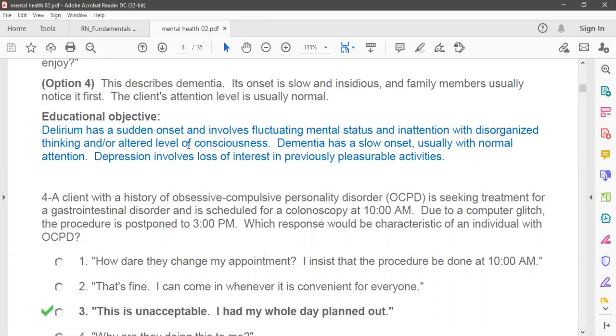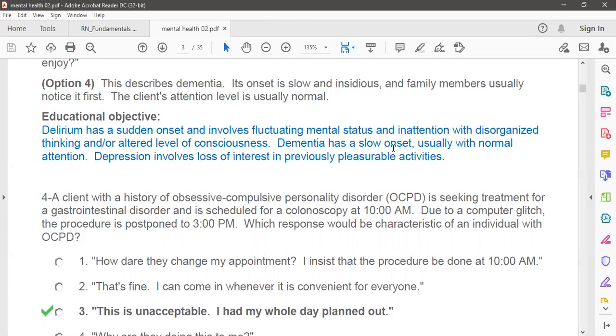The level of consciousness will be altered. The patient is extremely distracted, and it is very important because of a secondary cause. What are the secondary or underlying causes? Other illnesses.